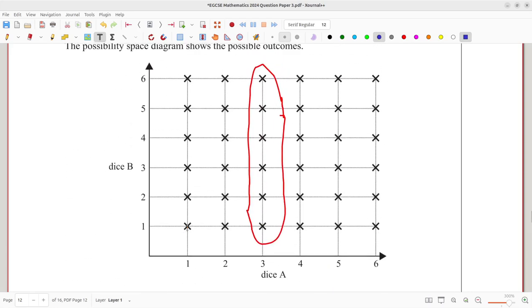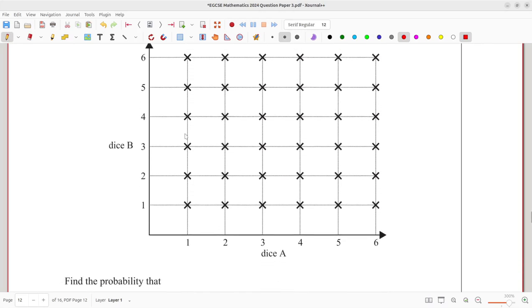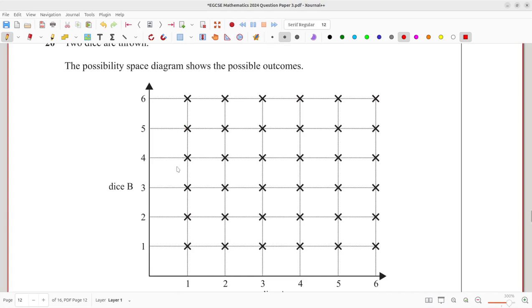So to get prime numbers, let's check. This is 1, so this one is completely out because all these outcomes are going to have a 1 and 1 is not prime.